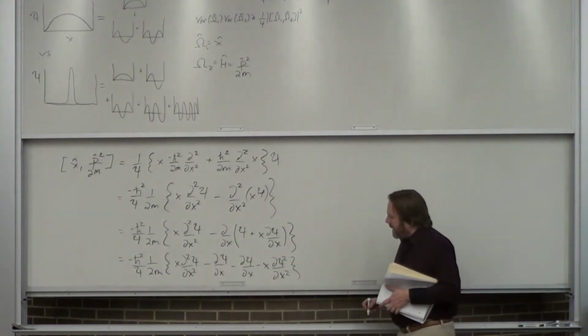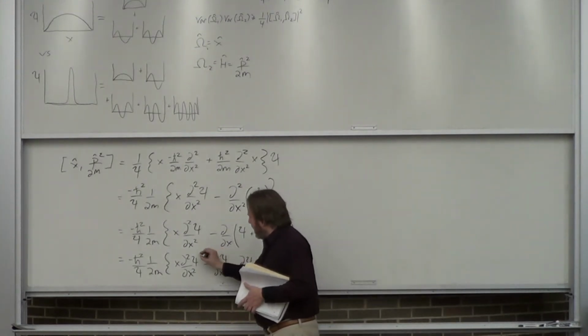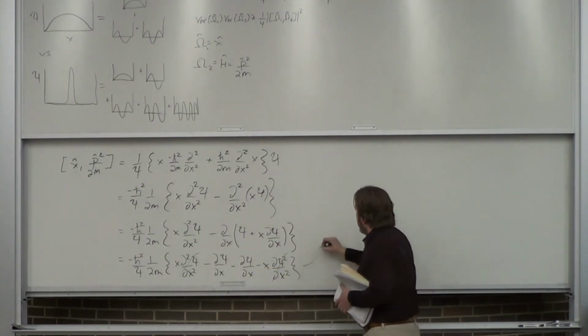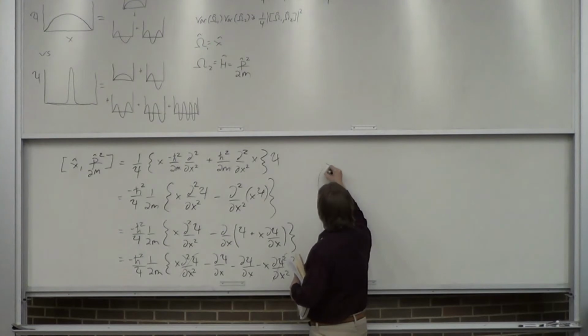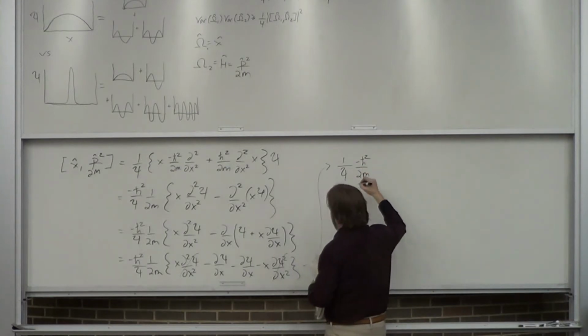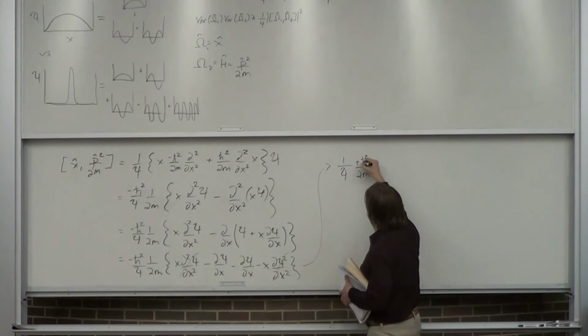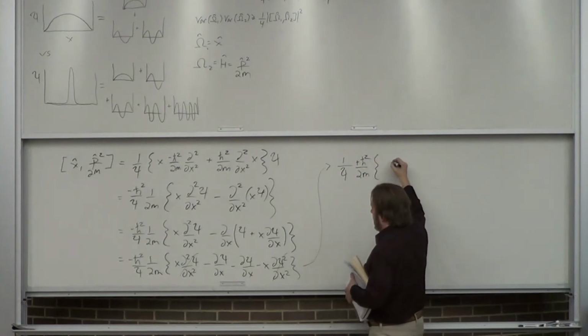Okay, so let's see here. In terms of canceling, that and that. And so what do we get? We get 1 over psi minus h bar squared over 2m. Just the derivative, 2 times the derivative of the wave function.